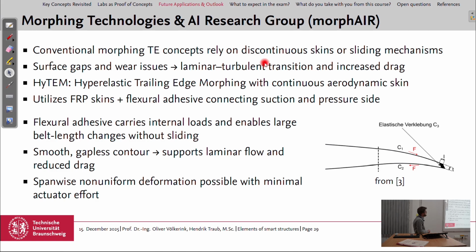Traditional concepts rely on discontinuous skins and sliding mechanisms, but then we have surface gaps and also wear issues, and all surface gaps lead to laminar turbulent transition and increased drag.